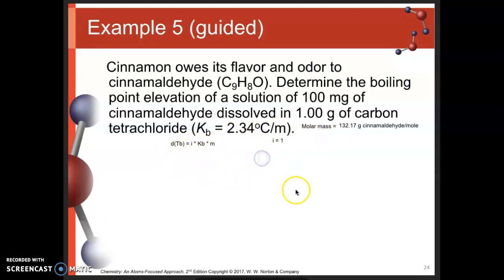So for molality, we need moles of cinnamaldehyde divided by kilograms of carbon tet. For the moles of cinnamaldehyde, we have 0.100 grams of cinnamaldehyde. That's 100 milligrams divided by 1,000. Its molar mass has been given to us here, 132.17 grams of cinnamaldehyde per mole.